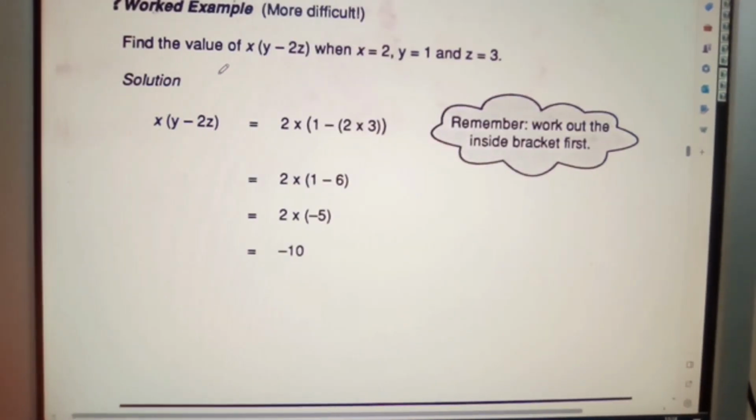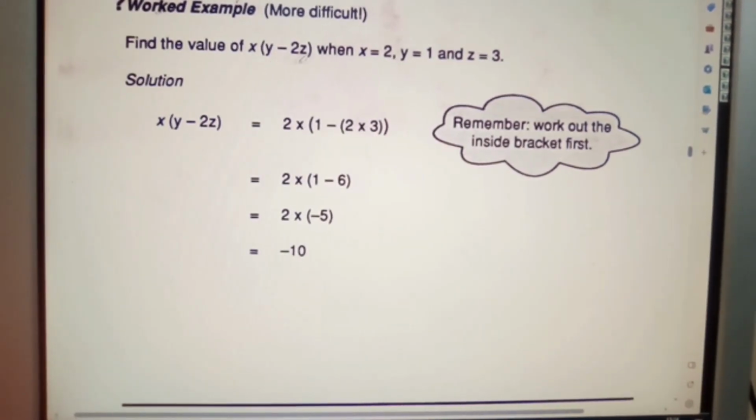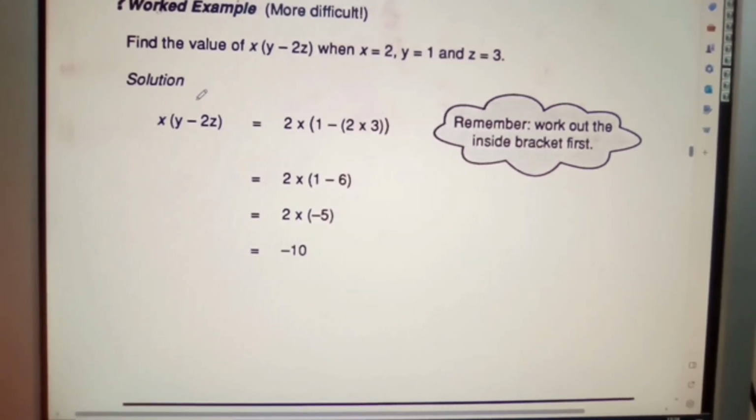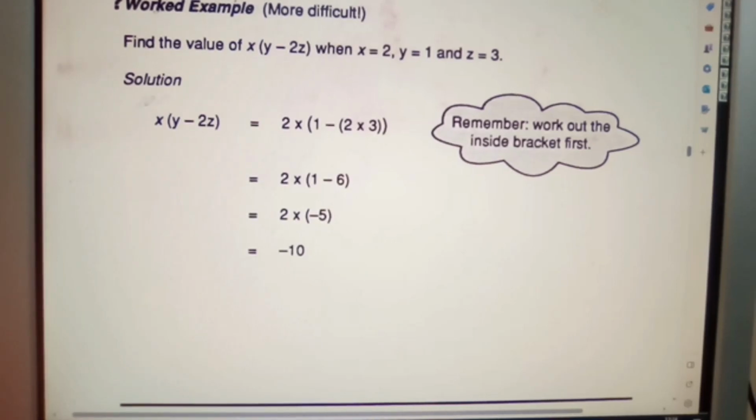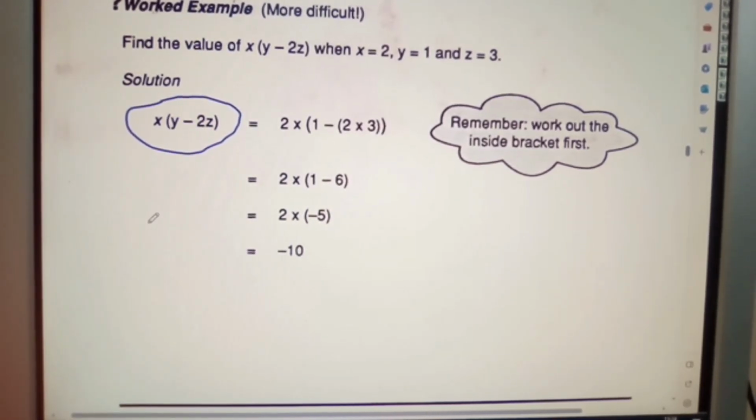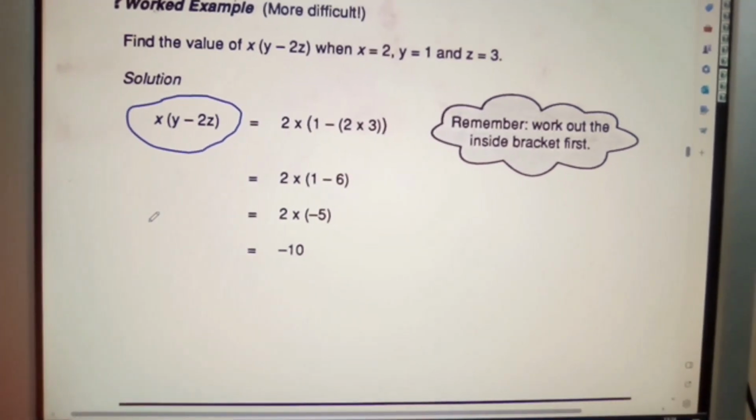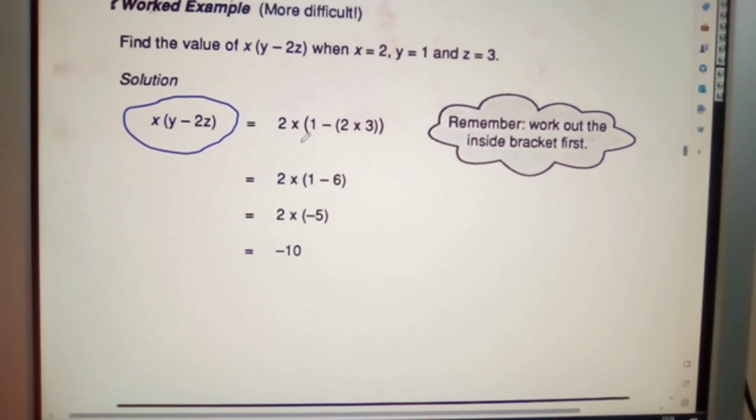Okay, find the value of xy minus 2z when x equals 2, y equals 1, and z equals 3. Solution. Now you write this down first. Always write down the valuation or the question that you have been given. And here you can now begin to follow the process, okay?